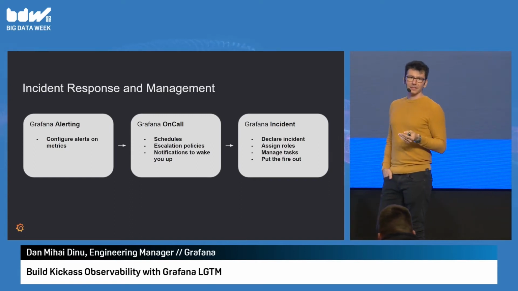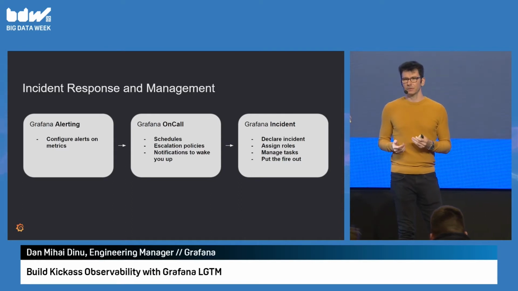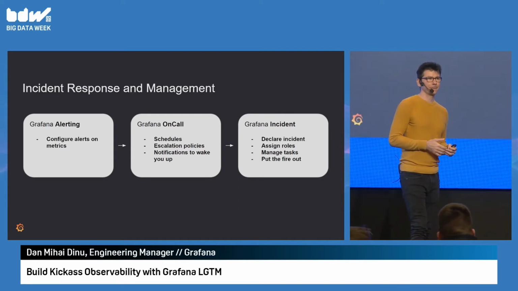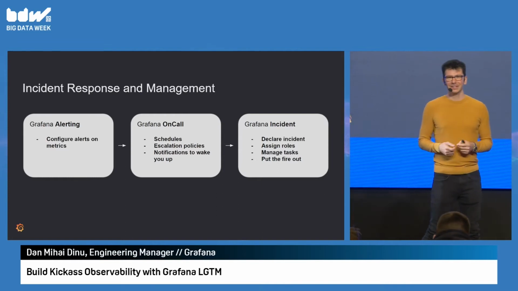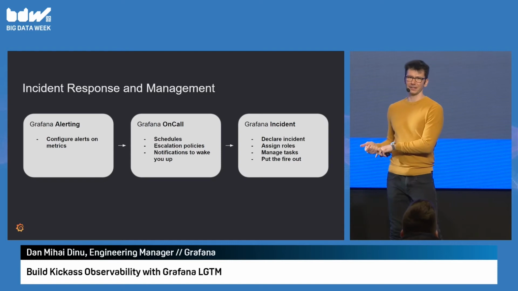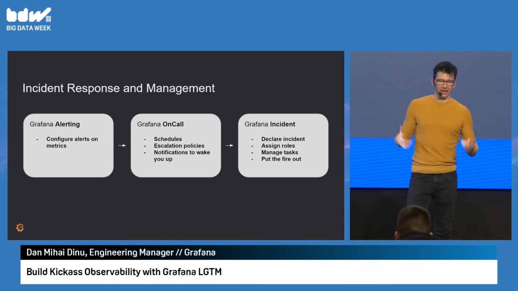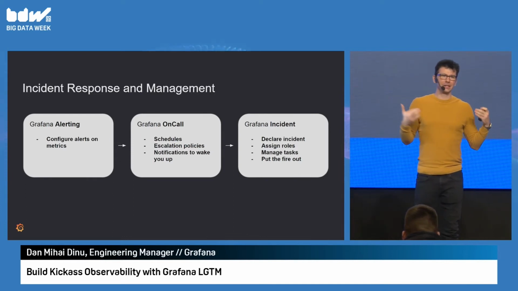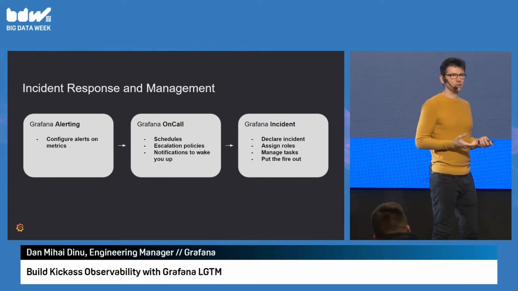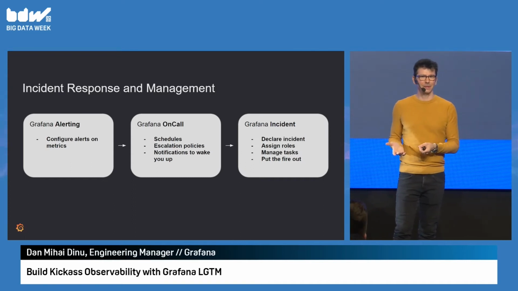Now, Grafana Incident offers you one single point of truth for everything that's happening with the incident. So we all know whenever there's a problem, your manager asks you about it, your colleagues ask you about it, the CEO asks, right? The partners ask, the investors ask, the customers ask. So your head is so overloaded, you don't even have time to focus on the most important thing, which is actually fixing the problem.